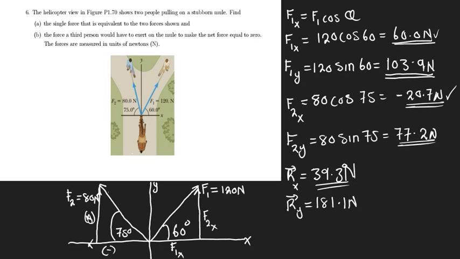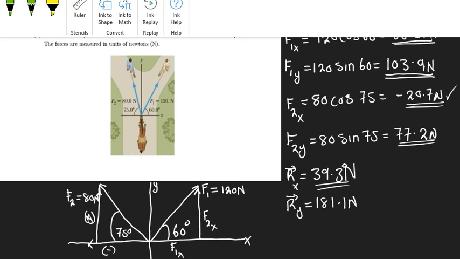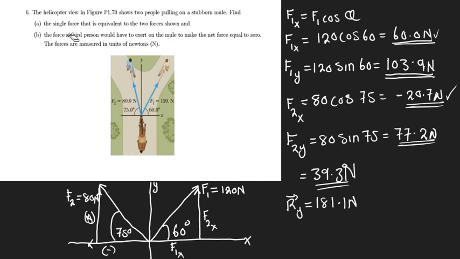Okay, so this is supposed to be newtons, not degrees. Okay, and this was supposed to be Fx, and then this is supposed to be Fy. So this is supposed to be newtons, and that in newtons.